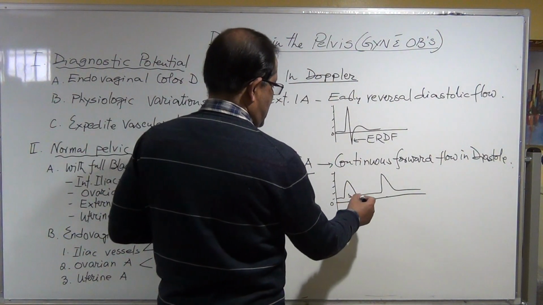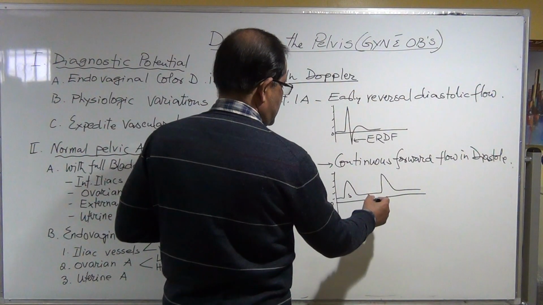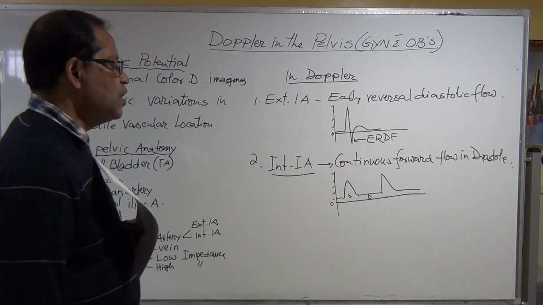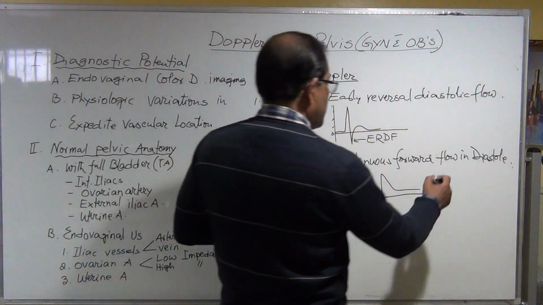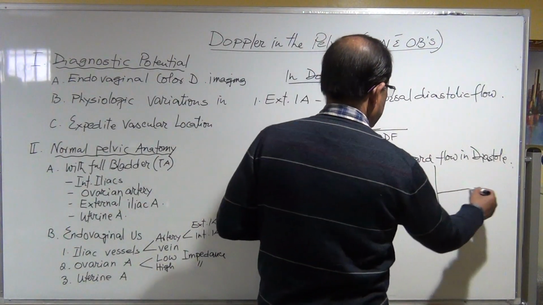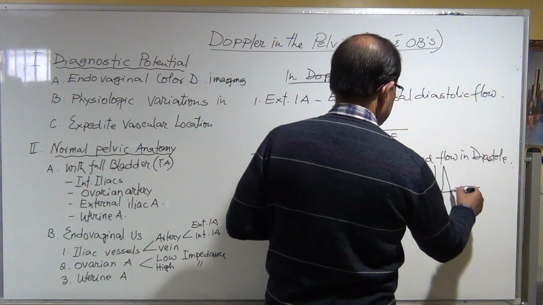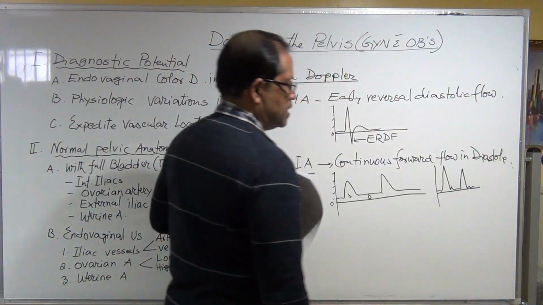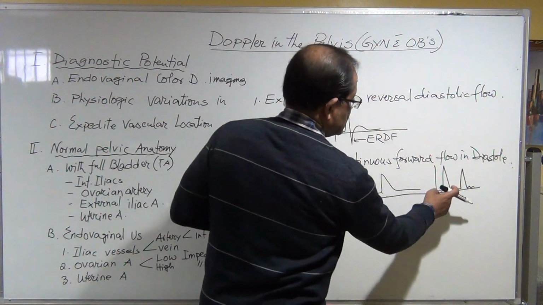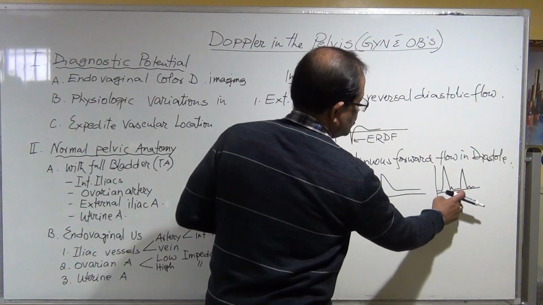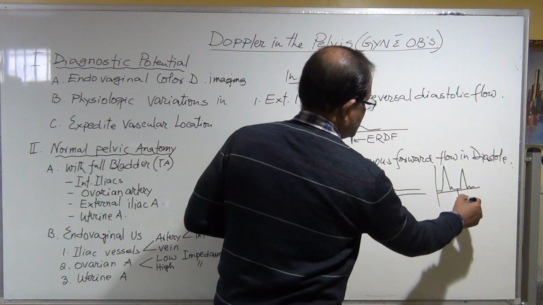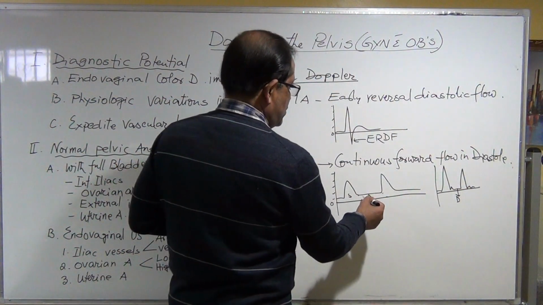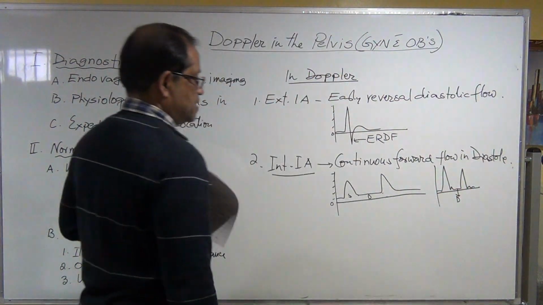This is the systolic part and this is the diastolic part. From here to there, there's a continuous flow. So normally the arterial flow is like this. Okay? So it is high resistive with low diastolic flow. This is low diastolic flow. Here the diastolic flow is higher than this.